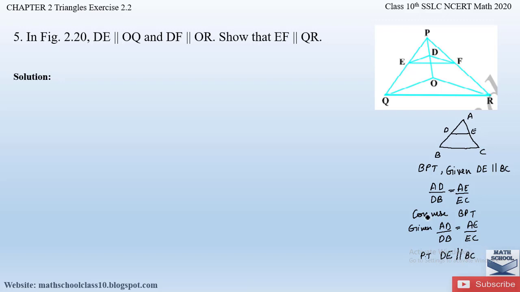This is the converse of the BPT theorem. The in-depth explanation of the BPT theorem and its converse I have already given in my previous videos. Do watch those videos so that you have a better understanding to solve these problems.